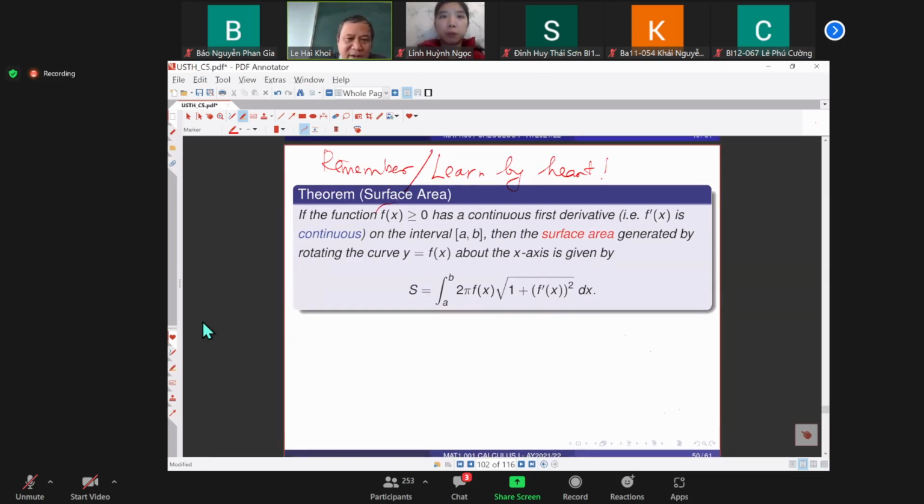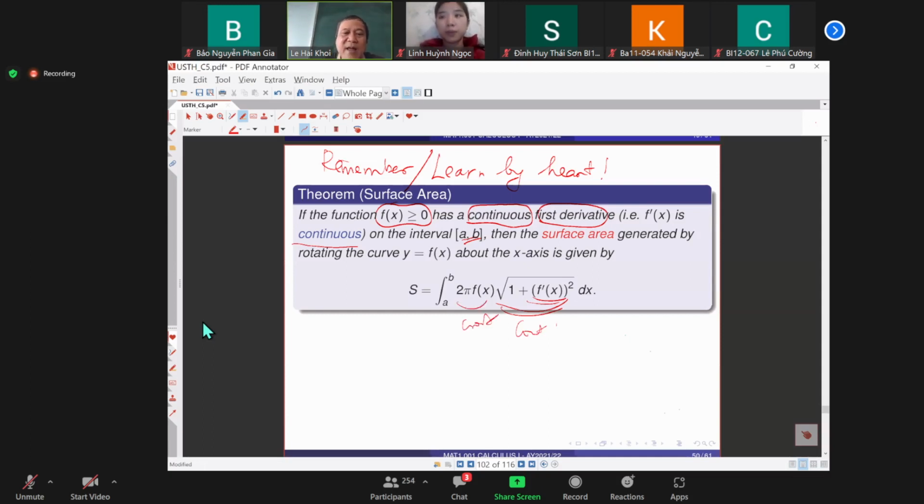Suppose that f(x) is non-negative and it has a derivative which is continuous on the interval [a, b]. We need this because we want this integral to exist. So this continuous, this also continuous, then the integral can be computed.